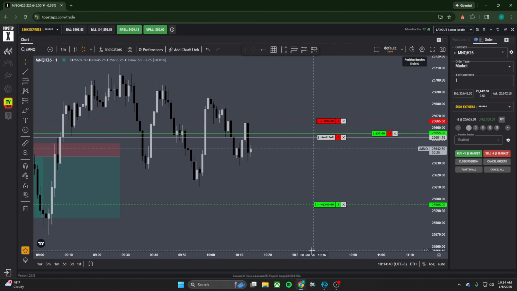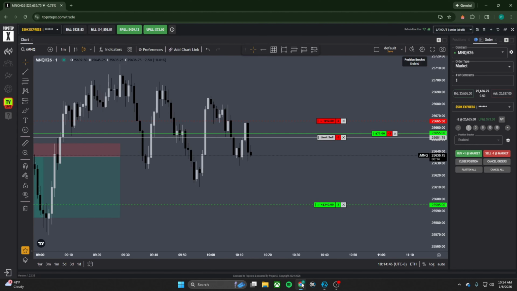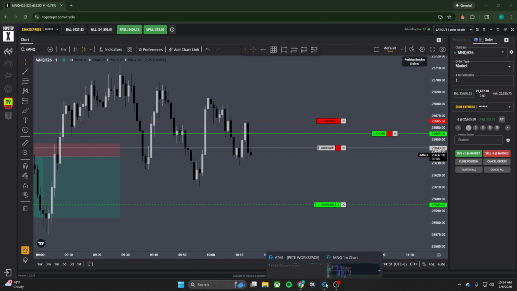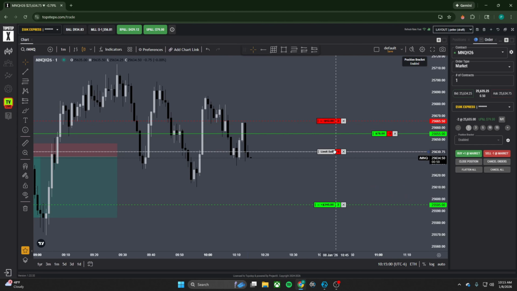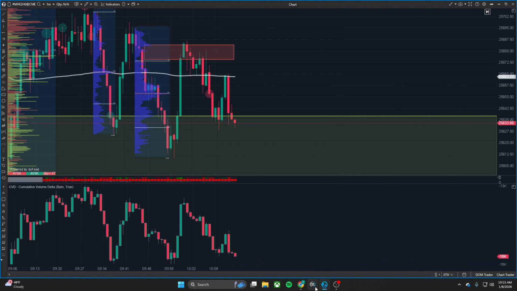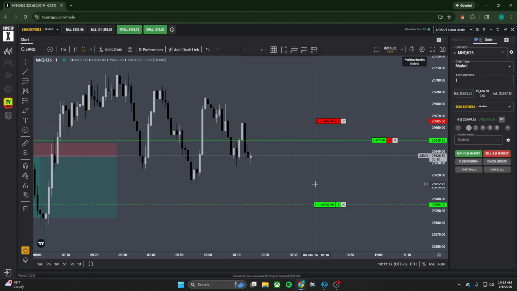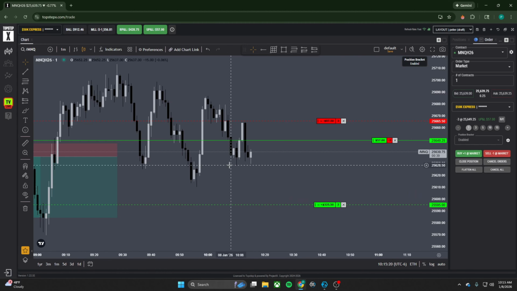It's a good fill spot. Let's get filled in once more. Order filled. Bad fill. Bad fill there. Once we hit this lower break even.